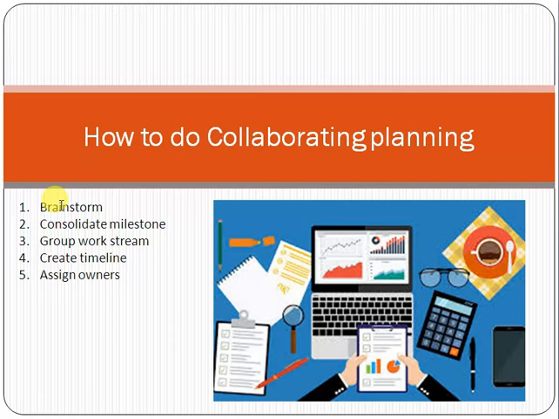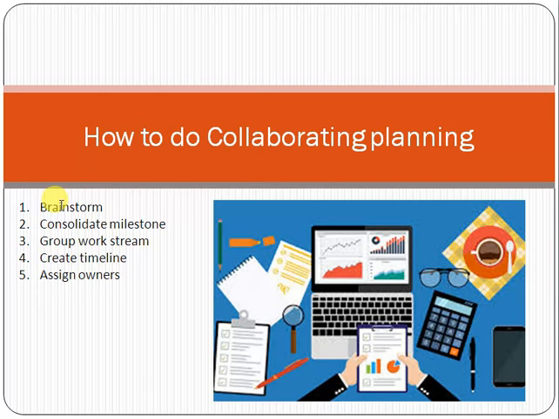Then next is consolidating milestones. Milestones mean, for example, planning phase completion, development phase completion, completion of testing, completion of UAT. So you can divide the bigger picture into milestones.